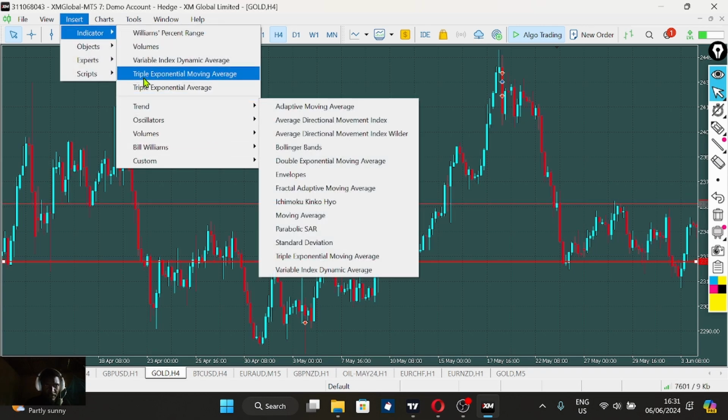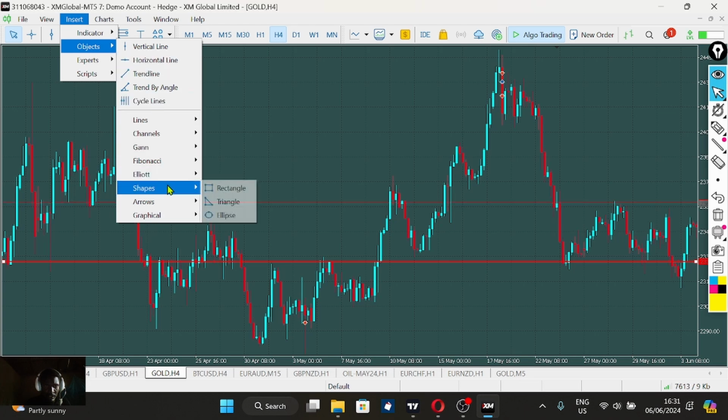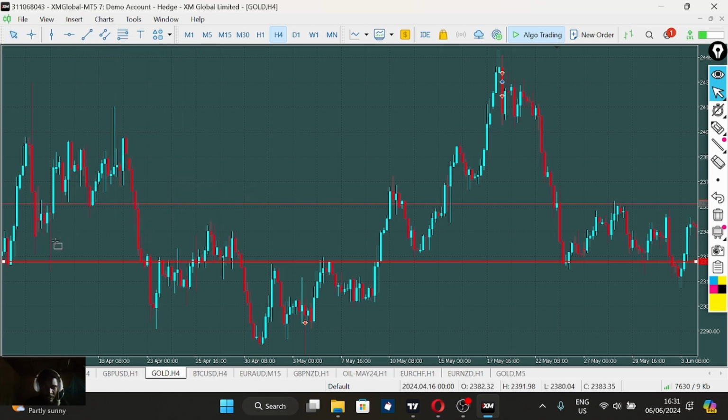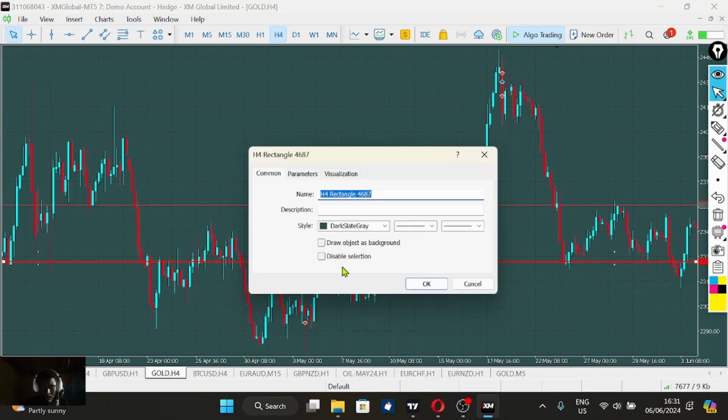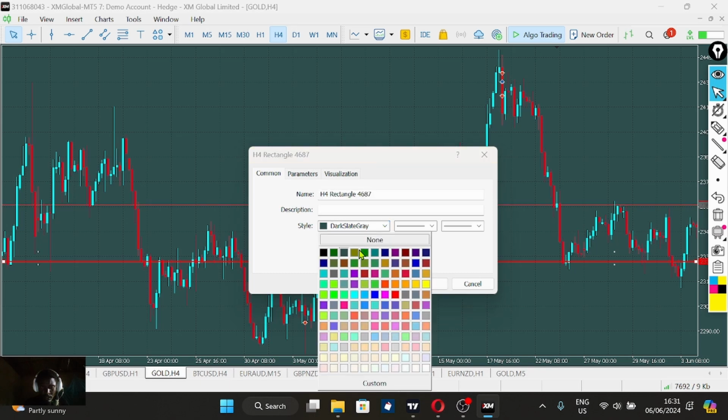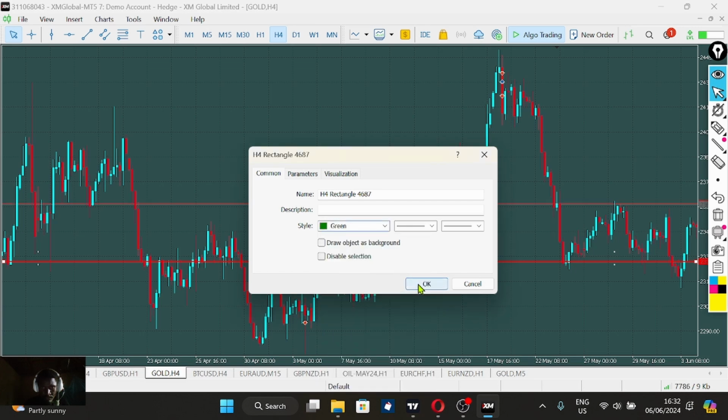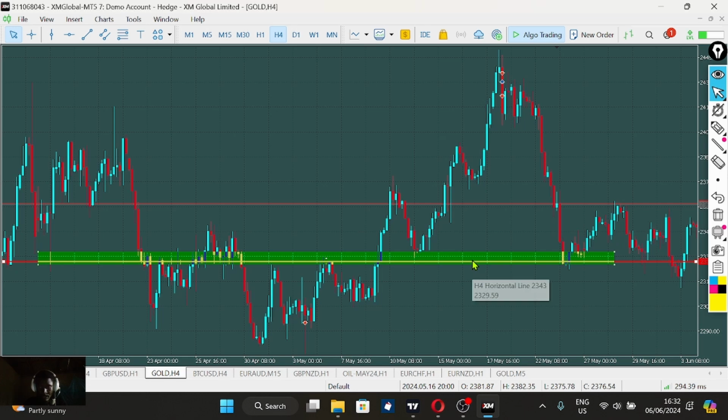So let's draw a zone here. Now we shall be focusing at this zone.